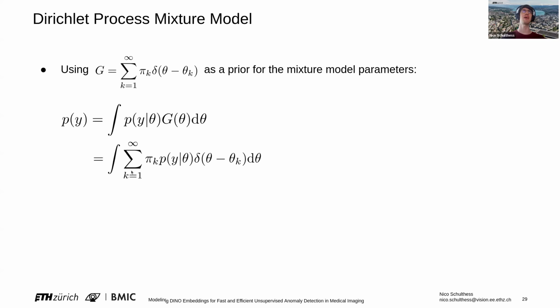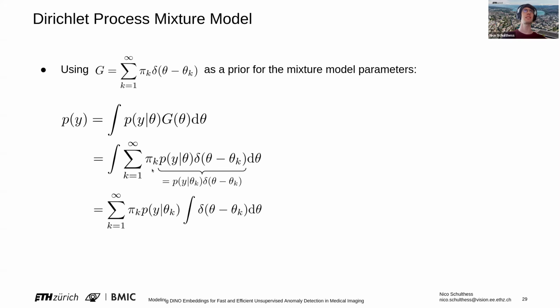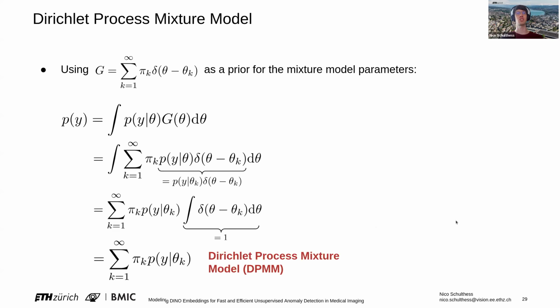When you run through the math and put in the formula we had for G before, then you might notice from some signal processing lecture that you can take this theta k and put it into the marginal distribution of y given theta. With this, we can take this part, the pi times p(y given theta), out of the integral, and this integral then evaluates to 1. So we end up with the probability distribution we've seen before. And this is the Dirichlet process mixture model.